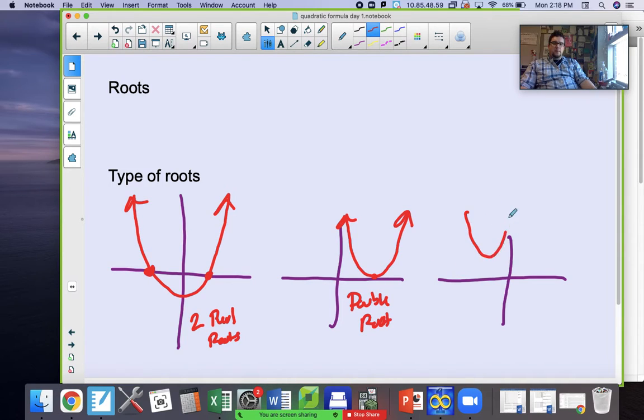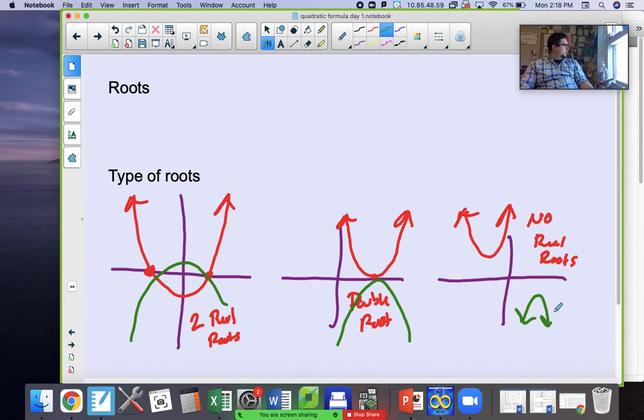And then if our parabola doesn't cross at all, that's called no real roots. All of these, of course, can be our upside down parabolas as well. The same thing is true.